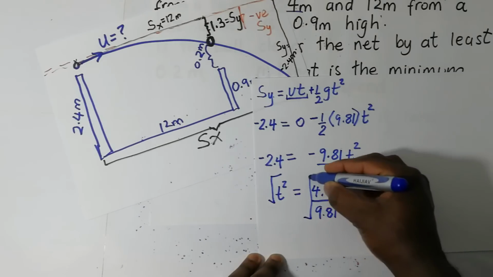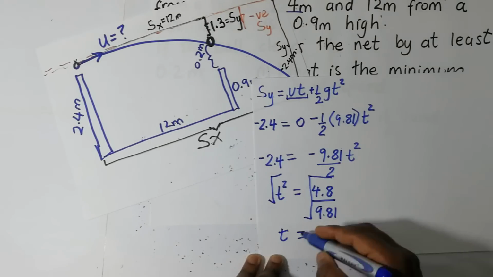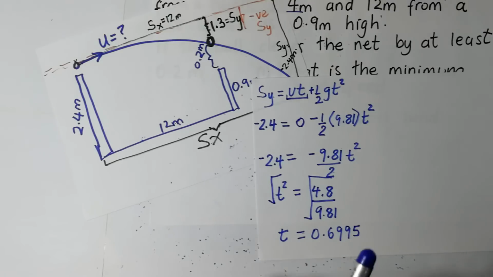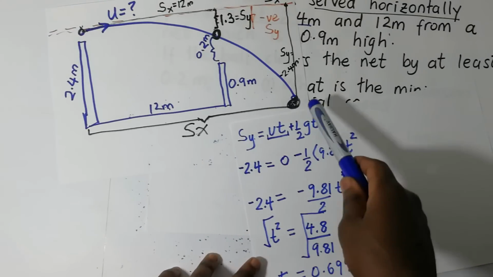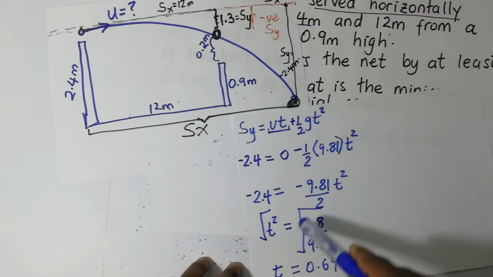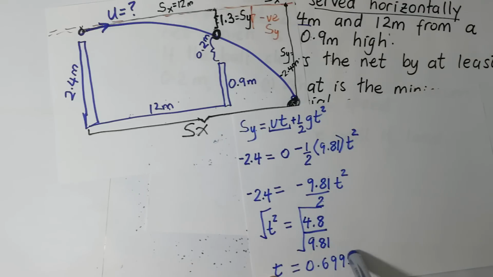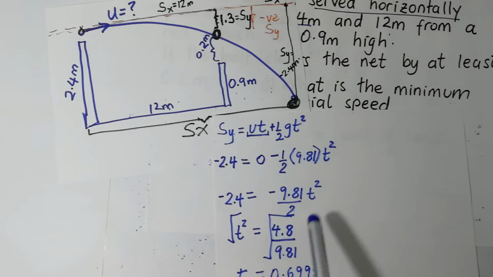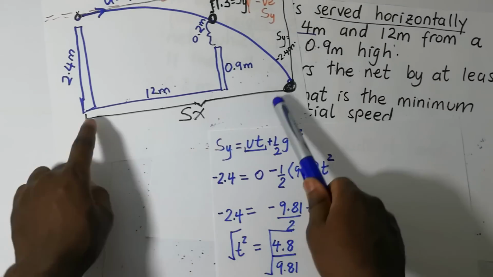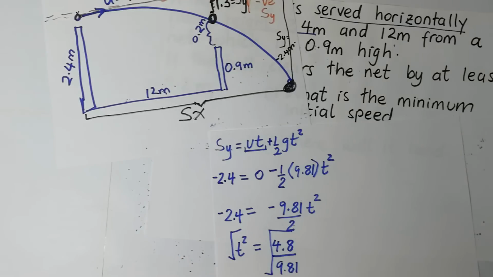When you find the square root on both sides, from our formula for vertical displacement, we find that by the time it lands on the ground, the time spent will be 0.6995. So now we can go ahead and find the horizontal displacement, which we are required to find.